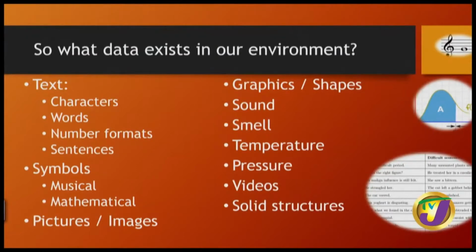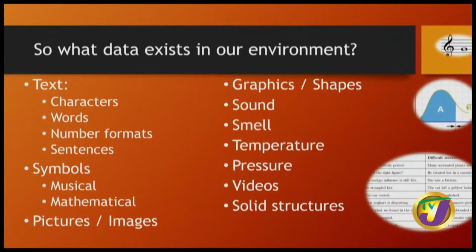So what more? When we look at our own environment, we see where we can get information in different formats. What are these formats? Well, we have text, and text formats are like characters, alphanumeric characters, words, sentences, numbers. These are the text formats that we are acquainted with.